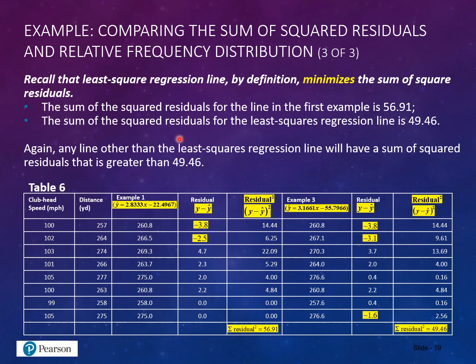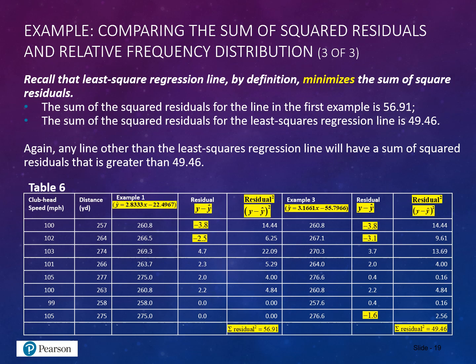The sum of the squared residuals for the least squares regression is 49.46, which is what we expect, because any other line that we use to do predictions, or to use a linear model to predict other values, will have a sum of squared residuals greater than our least squares regression. And we do that by definition so that we have a more conservative linear model when making predictions.